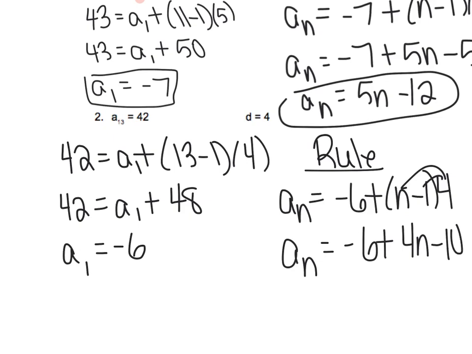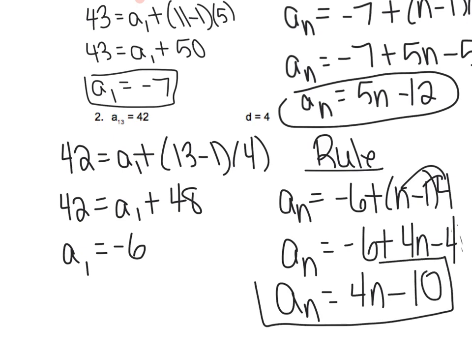If I put the like terms together, I get a sub n equals 4n minus, hang on. This 10 right here should not be a 10 because 4 times 1 is 4, not 10. So if I put together negative 6 and negative 4, I get negative 10. So my rule should be a sub n equals 4n minus 10.